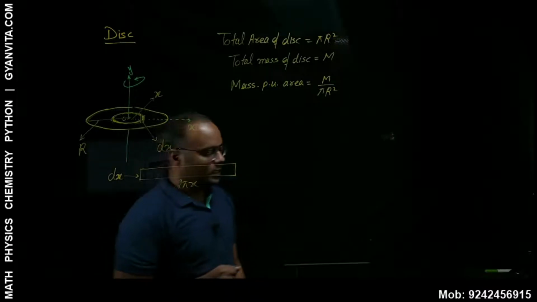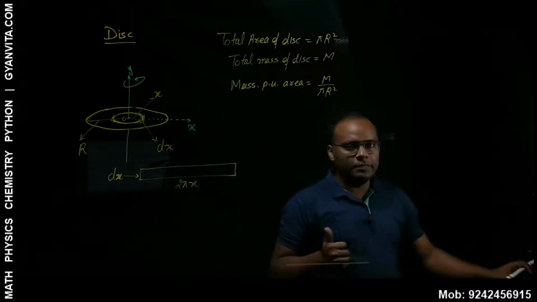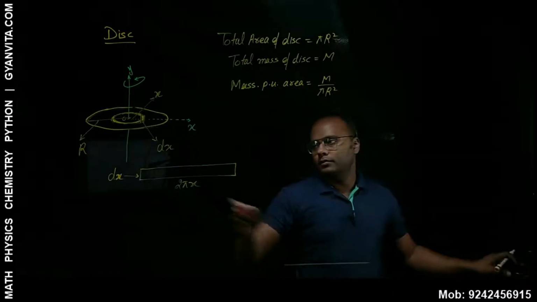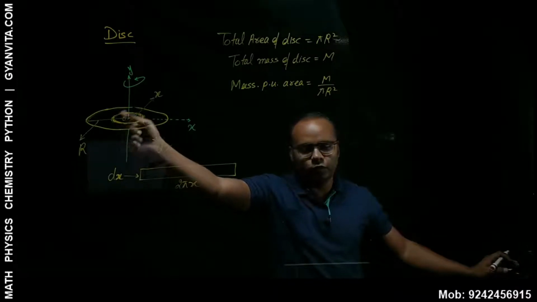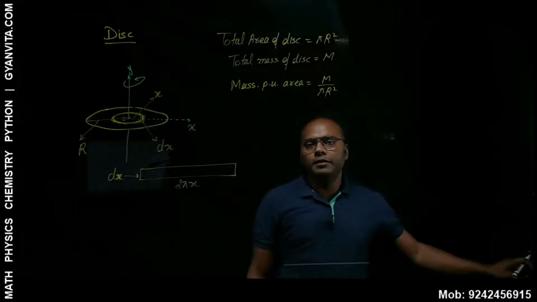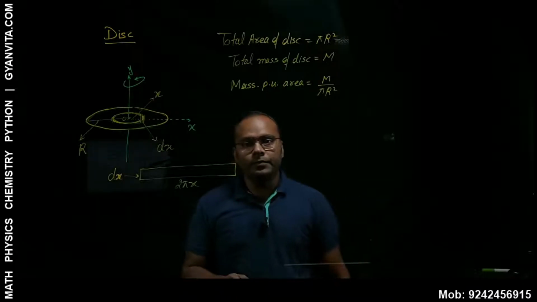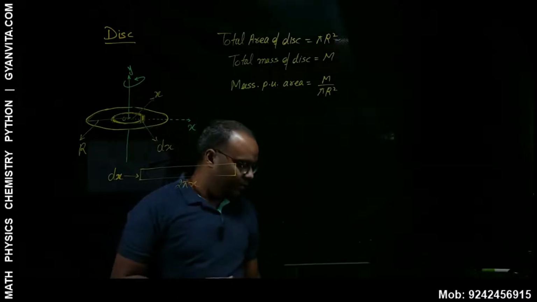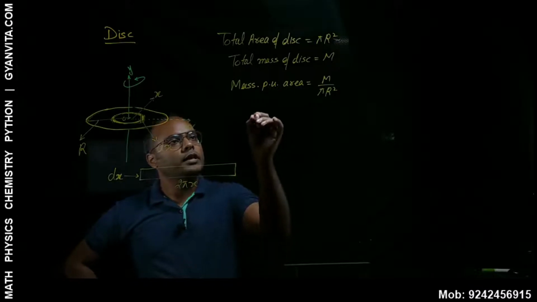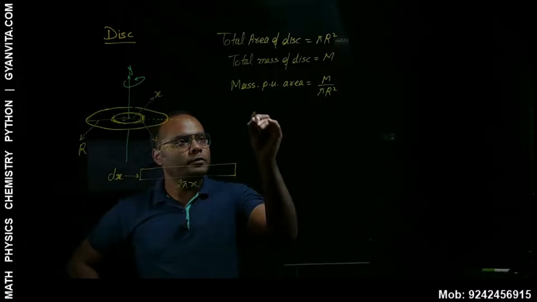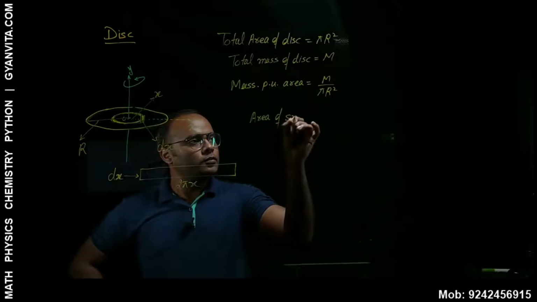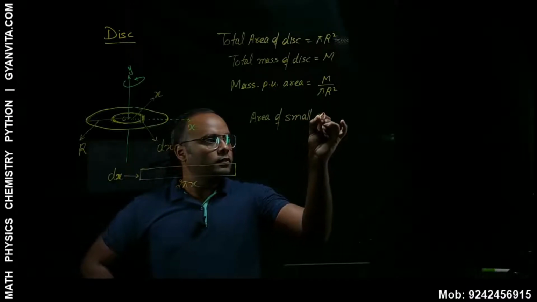Now this small segment of the disc, that is this segment which is shown here as a smaller disc inside the bigger disc, we already said that that is actually an area. In that case, that will be a ring. So what will be the area of this small ring element?